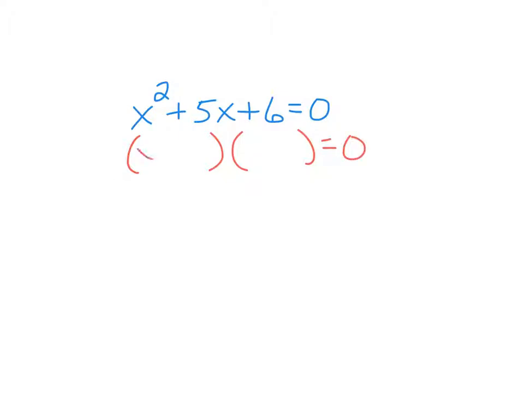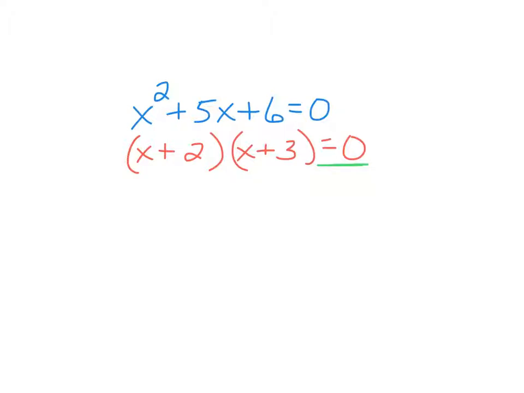When I do that, I'm going to get an x and an x. I'm going to get a 2 and a 3. So I have it factored down to, in parentheses, x plus 2 times x plus 3 is equal to 0. This equal to 0 part is very important when solving quadratic equations by factoring.